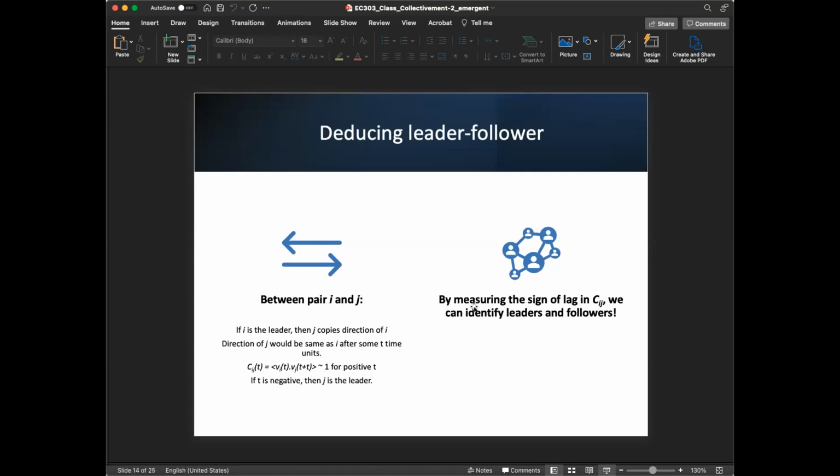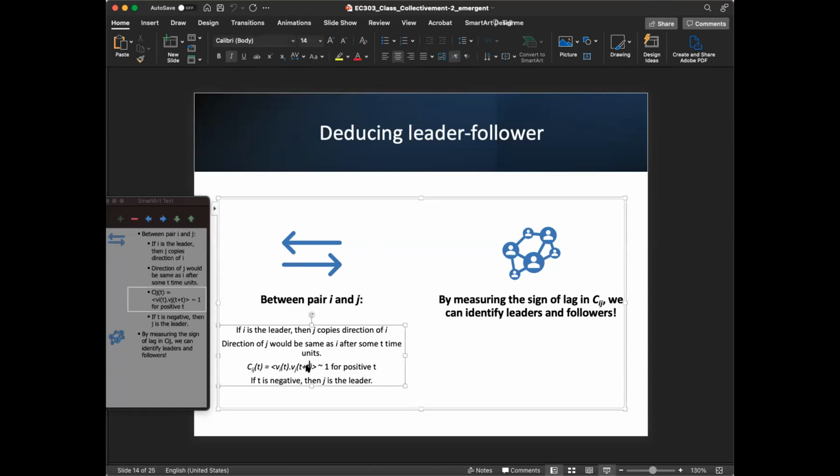So now let me try to explain this a bit more. How do we deduce leader-followership relationship from this cross correlation? Okay. So, I think there is a small mistake. It should have been t plus tau.